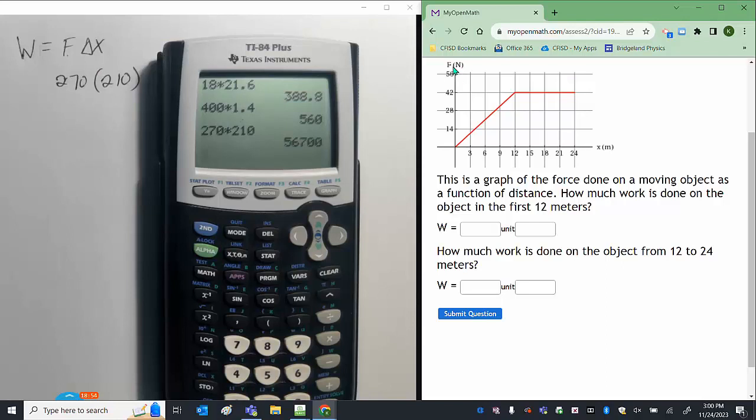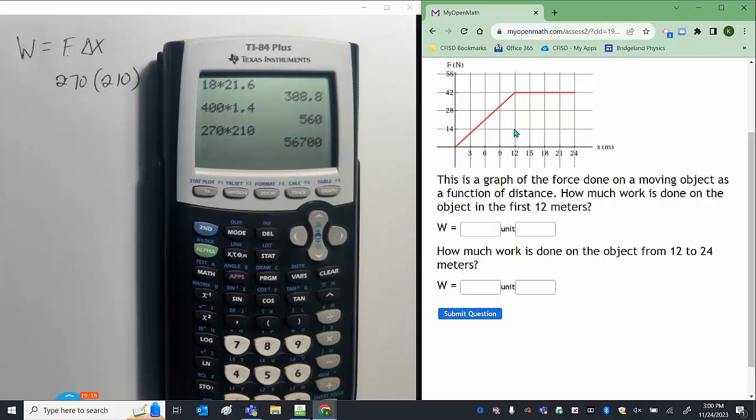If you are multiplying your y axis by your x axis, you need to find the area under the curve, or under the data points. In this case it's a trapezoid, but since it only wants the first 12 meters, we're only looking at the triangle right here. The area is the work.